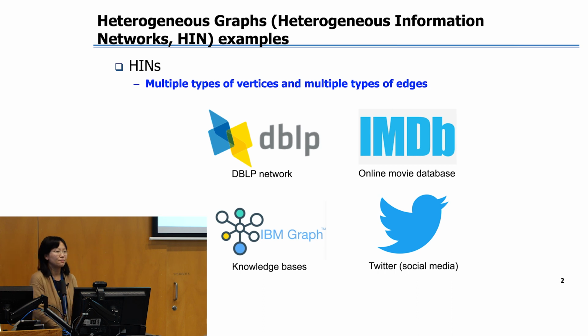So next, let's begin. The first question is, what are heterogeneous graphs? Sometimes they are also called heterogeneous information networks, or HIN for short.